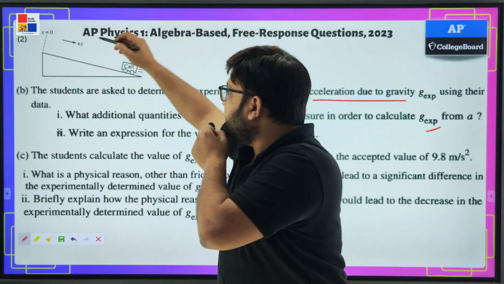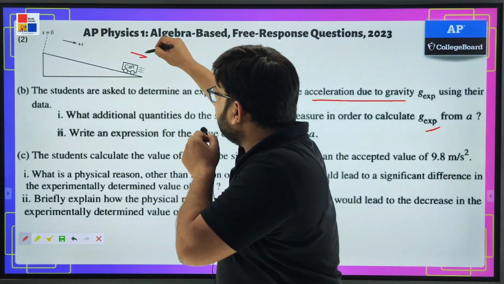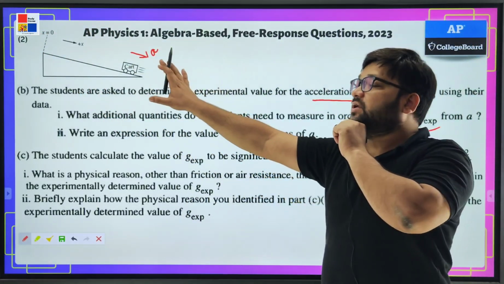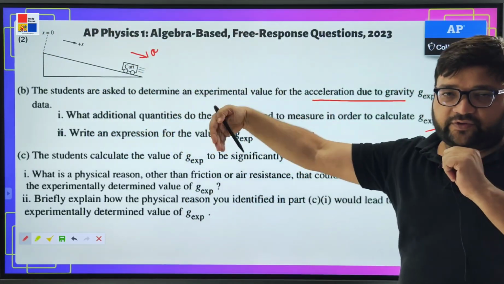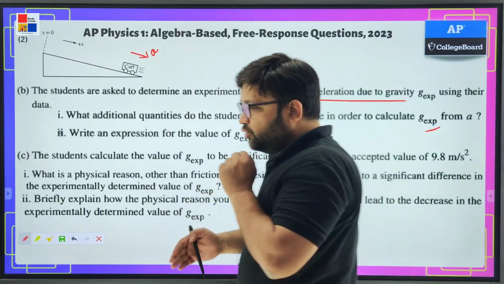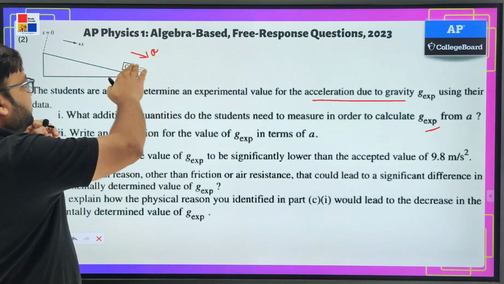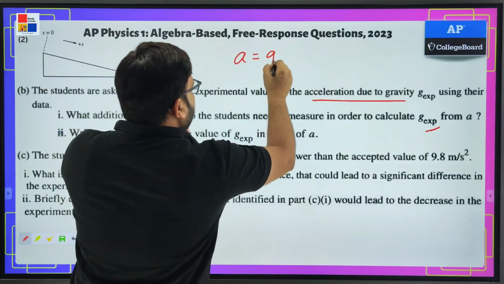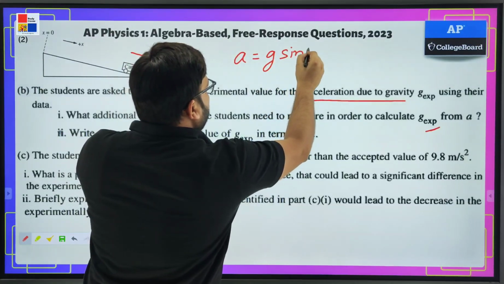What is A? A is the acceleration of this cart down the inclined plane that we found out using the graph in the previous part, right? So the acceleration here, I know theoretically, this acceleration A has to be equal to g sine theta.